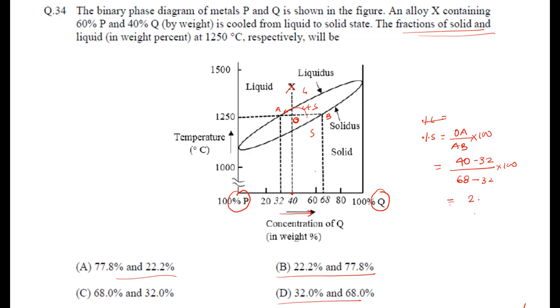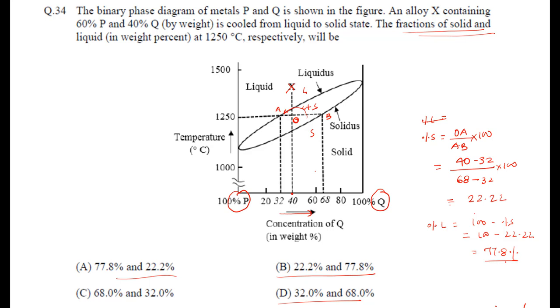It is 22.22. So how much will be percentage liquid? It will be 100 minus percentage solid. That means 100 minus 22.22. That will be 77.8% approximately. Right?